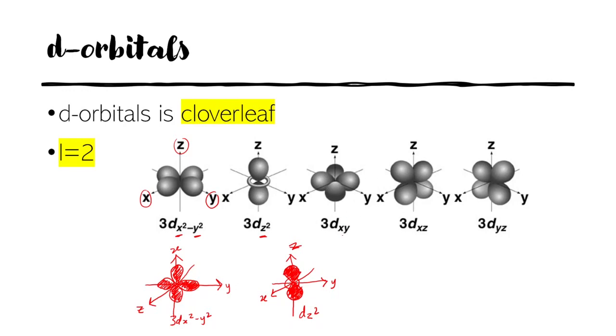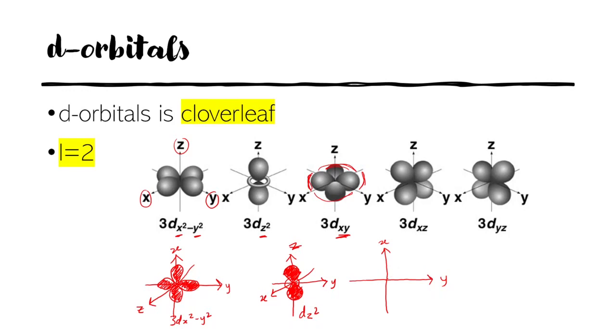Okay, next one, dxy. The same thing, draw the axis x and y. This is x, this is y. You should be able to see that dxy means the orbital is in between x and y.